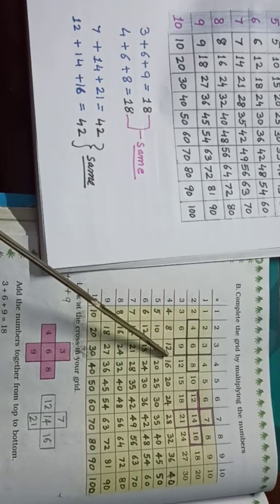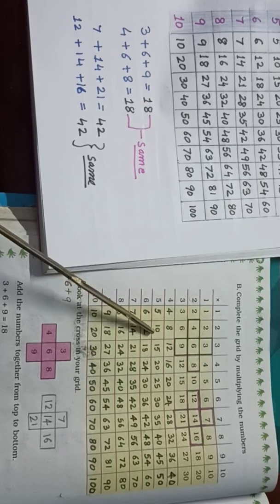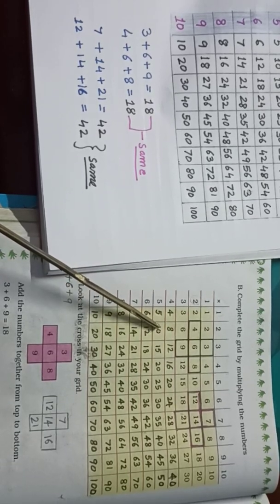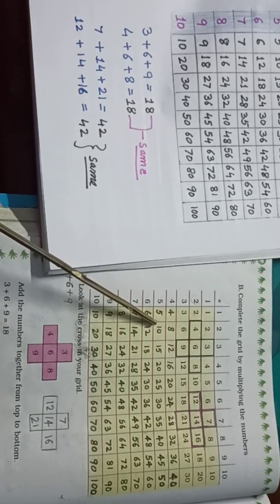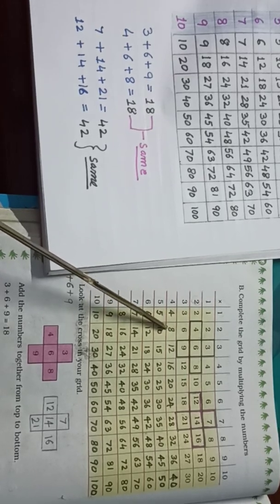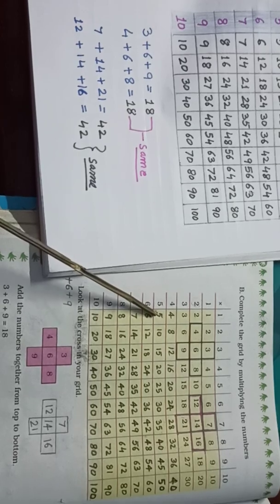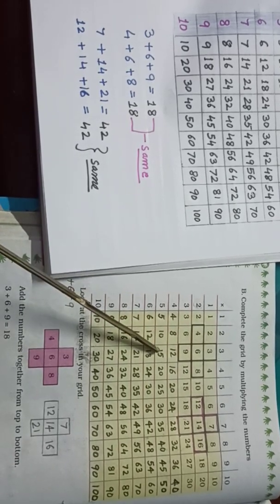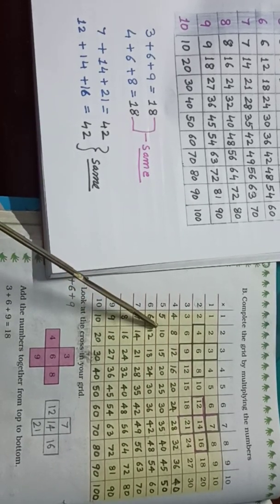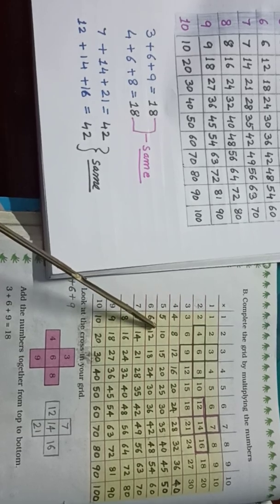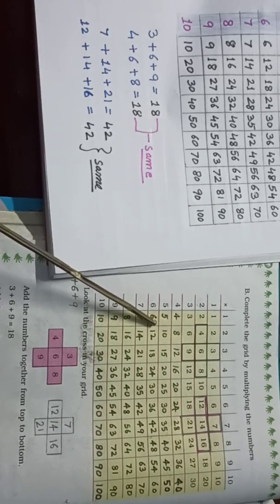So which numbers do we take, children? Okay, we will take 8, 10, 12 and 5, 10, 15. And again we see whether we get the same answer or not, right?